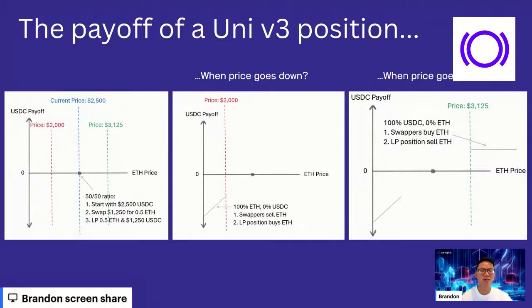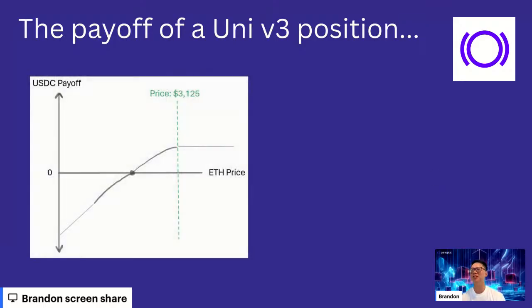If the ETH price goes up and up and up, your position is just USDC. You don't make a penny more or lose a penny more. So your payoff has a slope of 0. It's just flat here. It means that your payoff no longer depends on the price of ETH because you're holding all stablecoin.